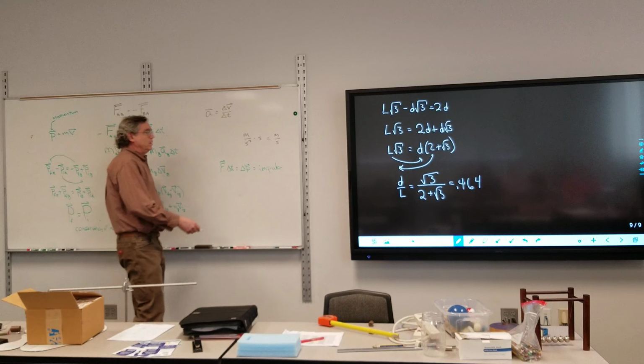Also notice over here, I have F. If I solve for the force, that's the change in momentum over the change in time. Momentum is just mass times velocity, so that is the change in mass times velocity over time. If mass is constant, we get F is equal to mass times the change in velocity over the change in time, which is just ma.